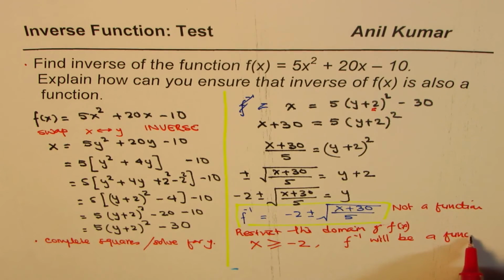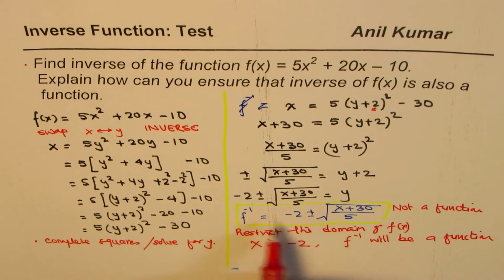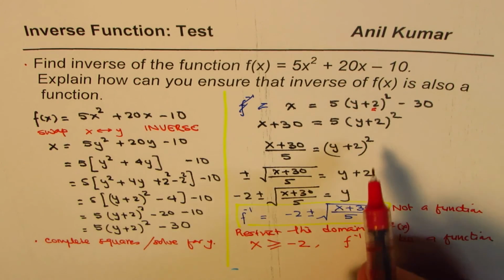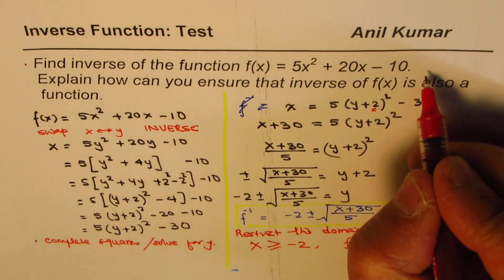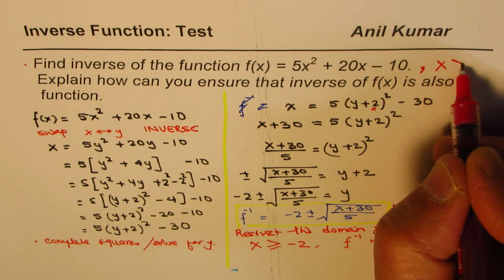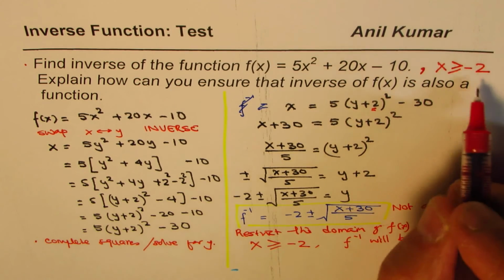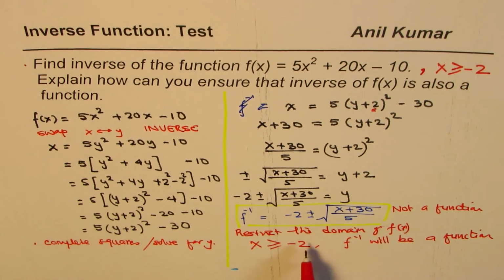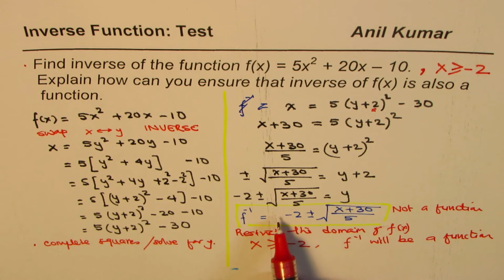Do you get my point? Only then. So therefore, to restrict the function, what we could impose on this is we could say let x be greater than or equal to minus 2. In that case, our inverse will be a function. Otherwise, you can see it is not a function.